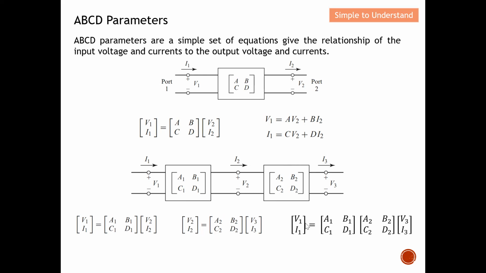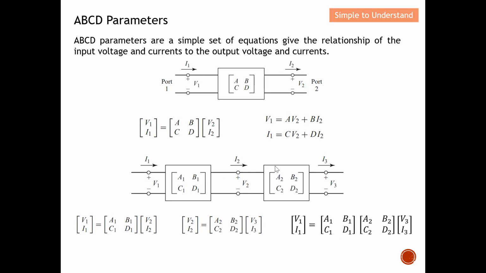In order to calculate the overall, as you can see here, this is V1, I1, and the final one is V3, I3, on your right-hand side. I simply combine the 2x2 matrices together. The first one is from the first set of ABCD, and the second one is from the second set of ABCD. When I do this, I combine the effect of these two things that are cascaded together.